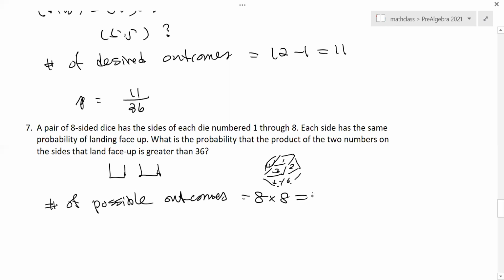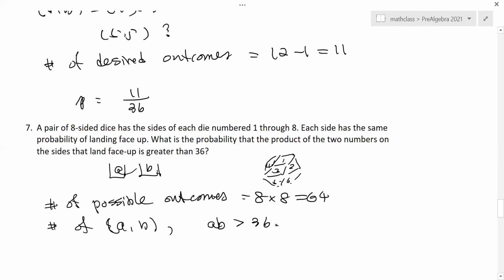You can multiply this out or just keep it as 8 times 8. Now it's a little bit difficult: if this is A and B, you want to count the number of pairs such that A times B is greater than 36.